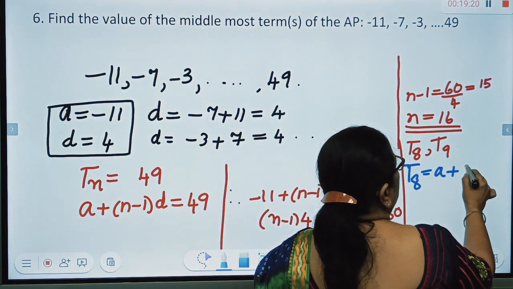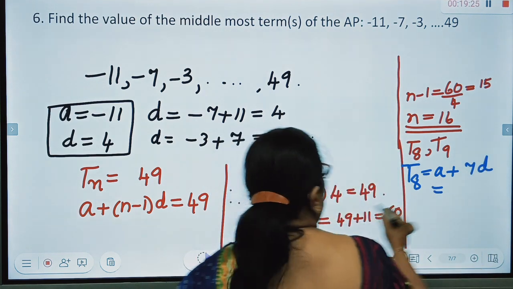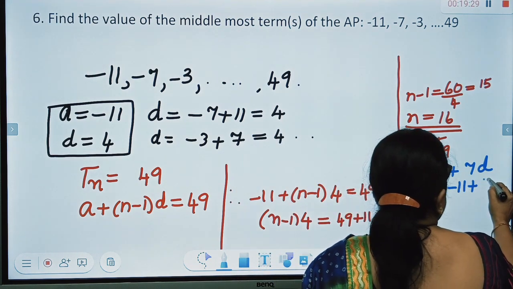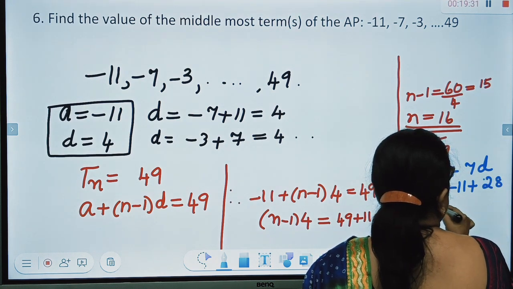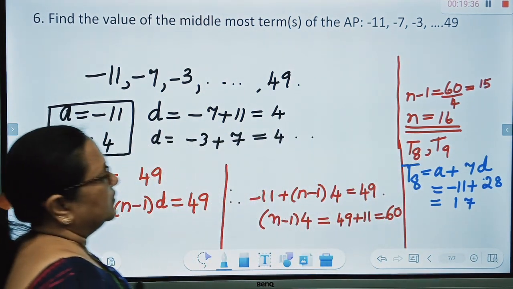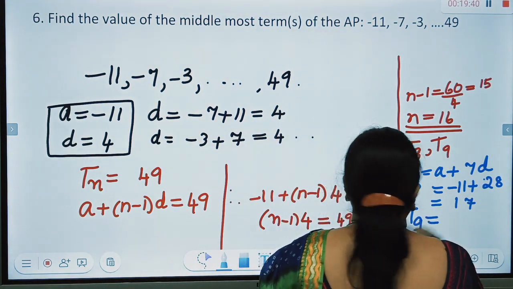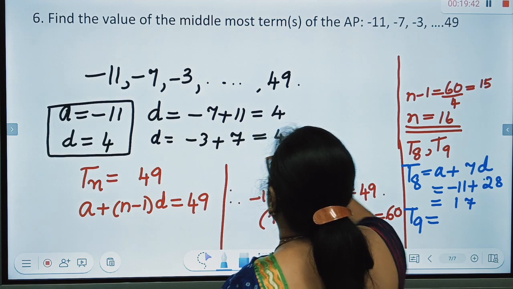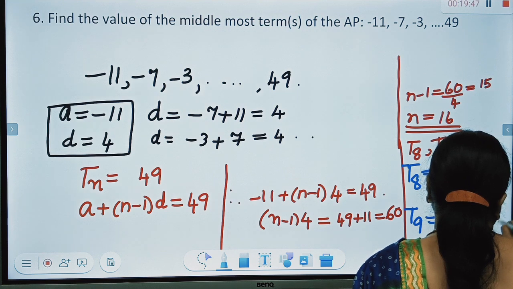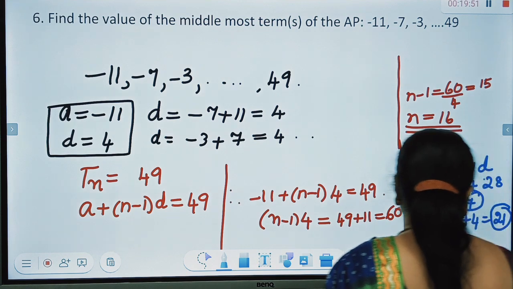T8 will be A plus 7D, which is minus 11 plus 7 into 4, 28, 17. What will be T9? Because we know the common difference is 4, 17 plus 4, which is 21. So the middlemost terms are 17 and 21.